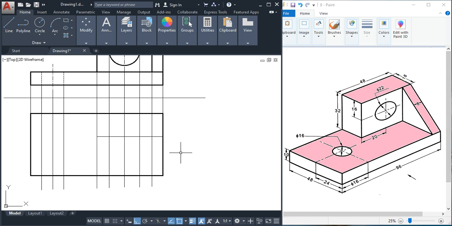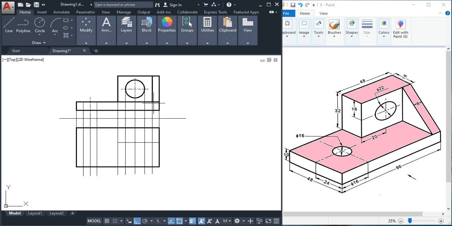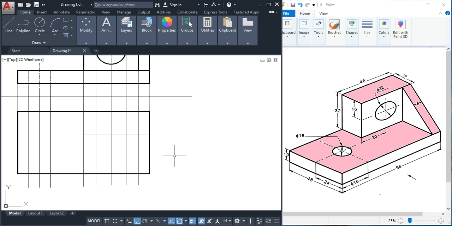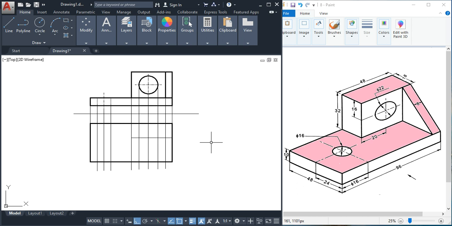Anyway, no need to measure, so directly we'll draw this one here. So this is the corresponding projection, and we'll get this hole here, and that will be in this 48 by 18 rectangle only.